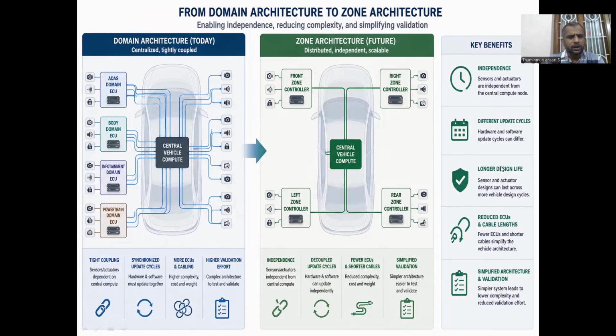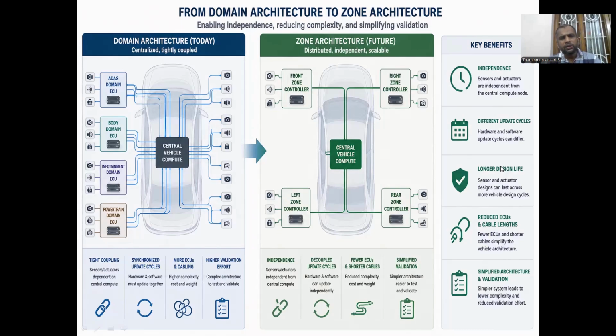These controllers are connected with a number of sensors, right? They are connected with different cameras and different sensors, and those are inputs to these domain controllers. Depending on the domain, the input sensors are connected to the domain controller.